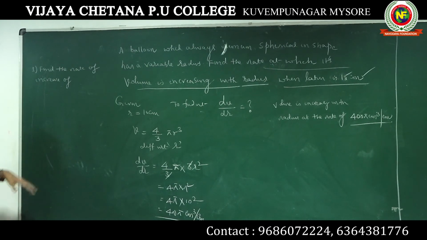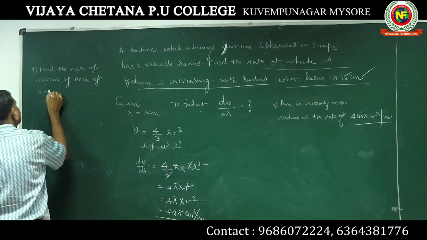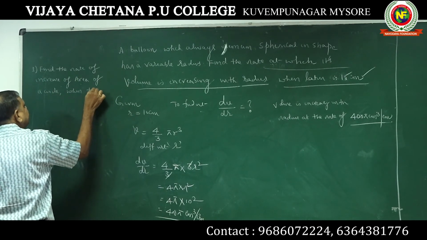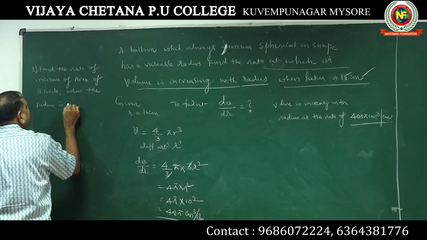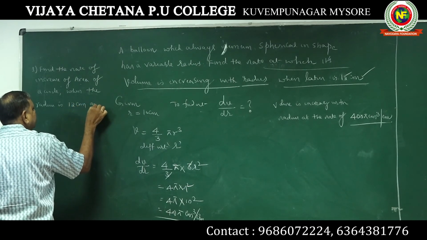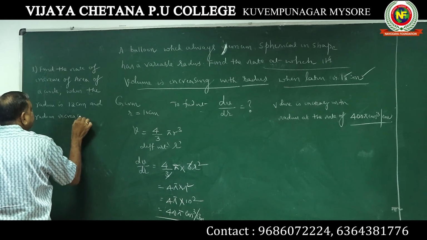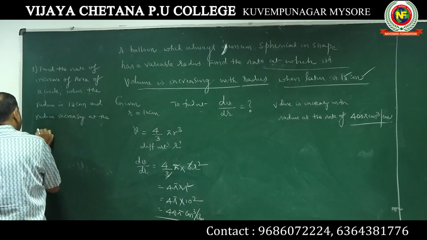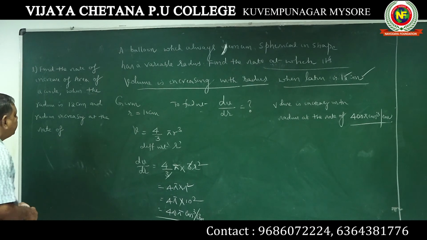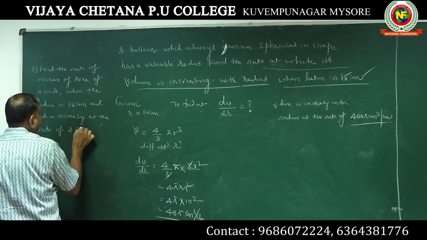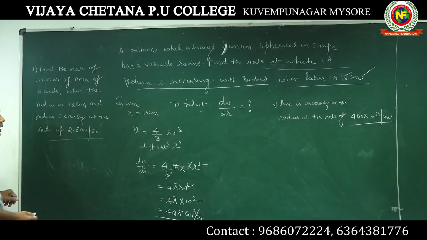Find the rate of increase of area of a circle when the radius is 12 centimeter and the radius is increasing at the rate of 2.5 centimeter per second.